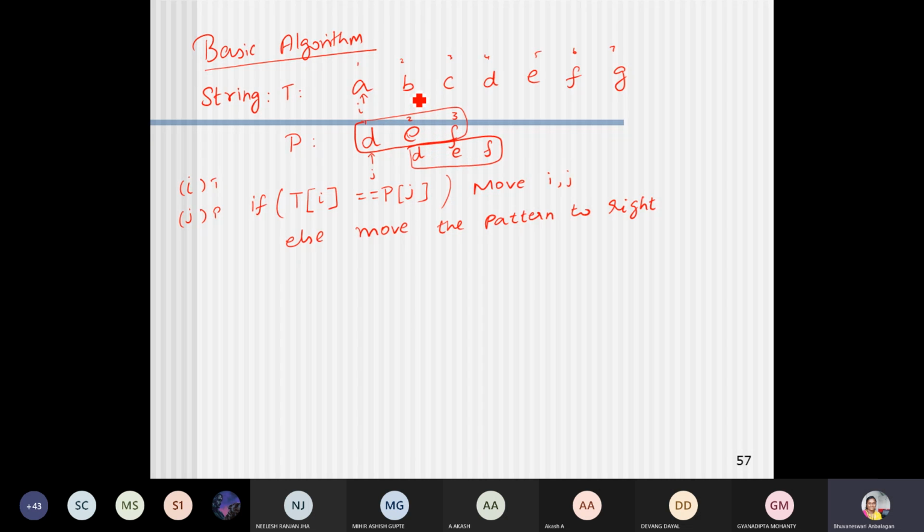Now check whether the pattern is getting matched. So now my J is here, and I is in this position.